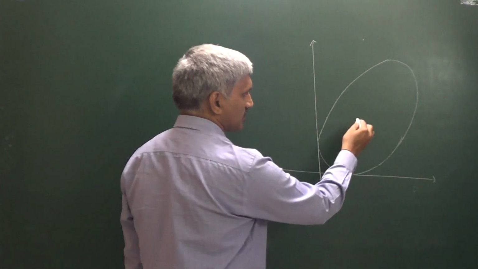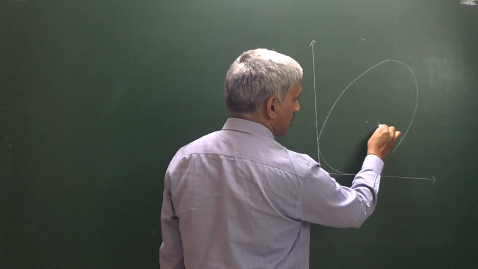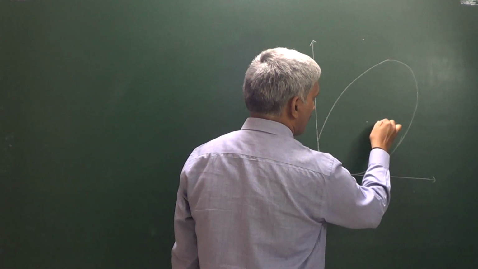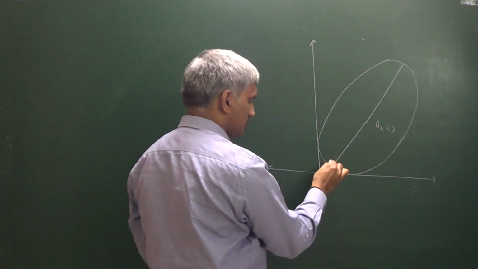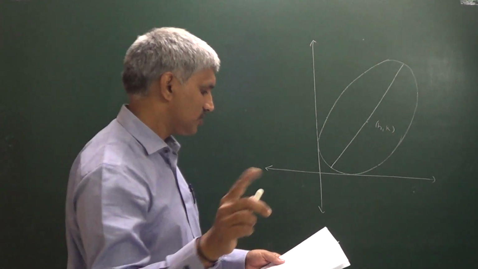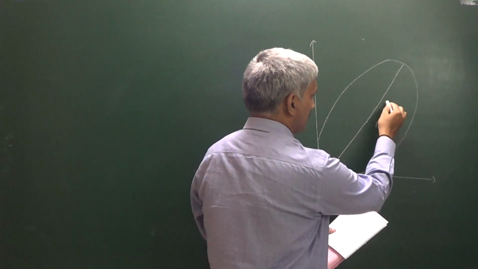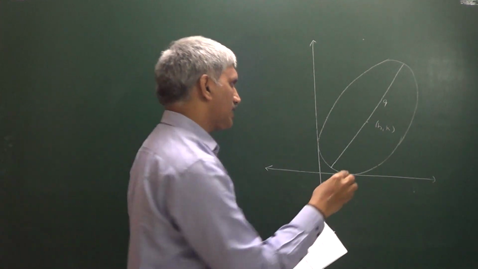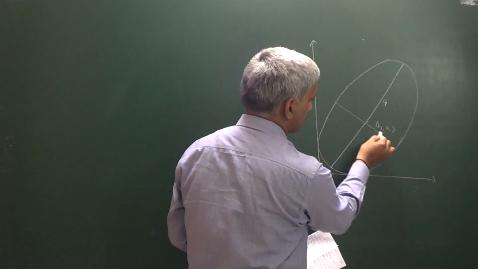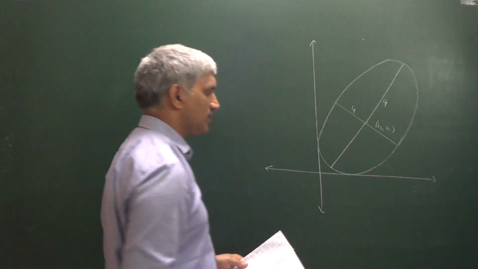He is asking us to find this center locus. For that the information given is that the length of the semi-major axis is 9 and the length of the semi-minor axis is 4. So that is the information given.